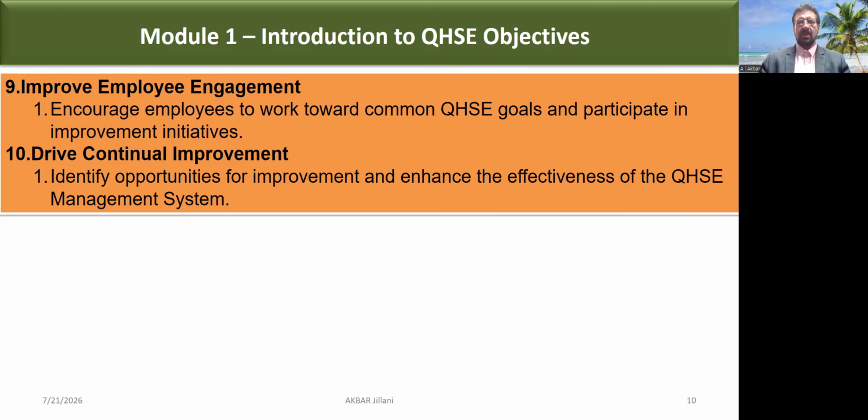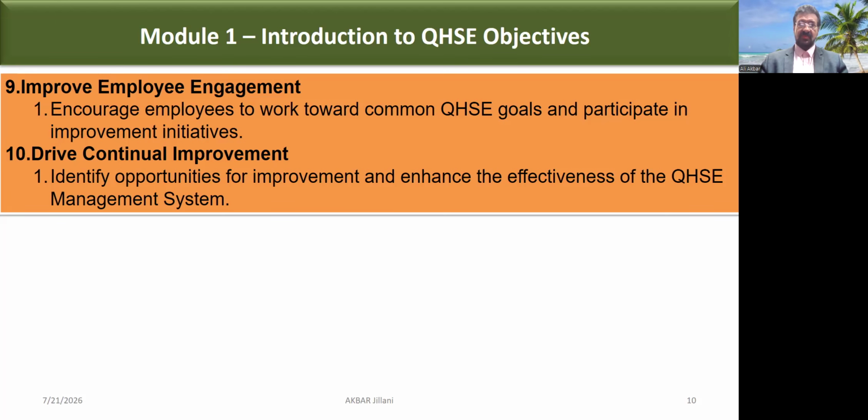It's not only writing something on paper and the management saying that we achieved this. No, there will be proper calculation for this. Apart from this, the objectives will be communicated to all the employees to engage them in the achievement of objectives and targets. Now, drive continual improvement.